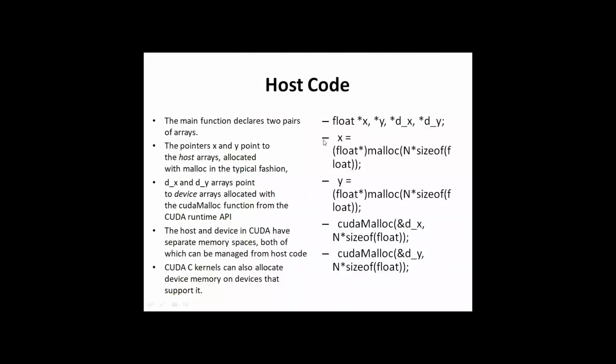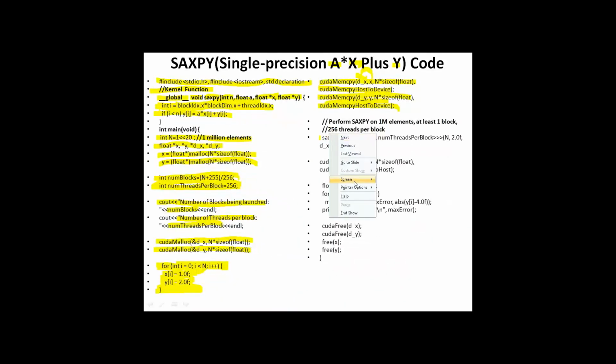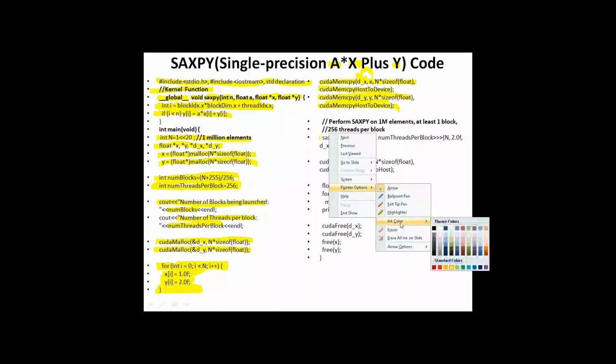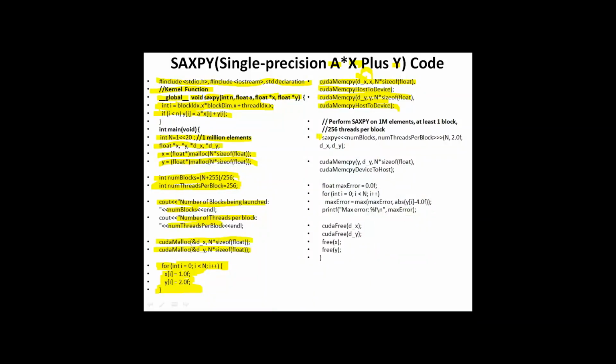Here we are calling the kernel. This is our saxpy kernel. The first argument is the number of blocks, and the second argument is the number of threads per block.